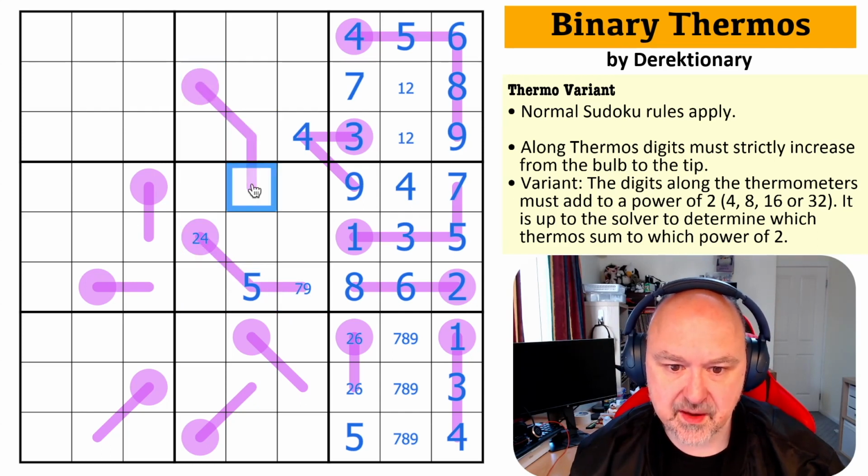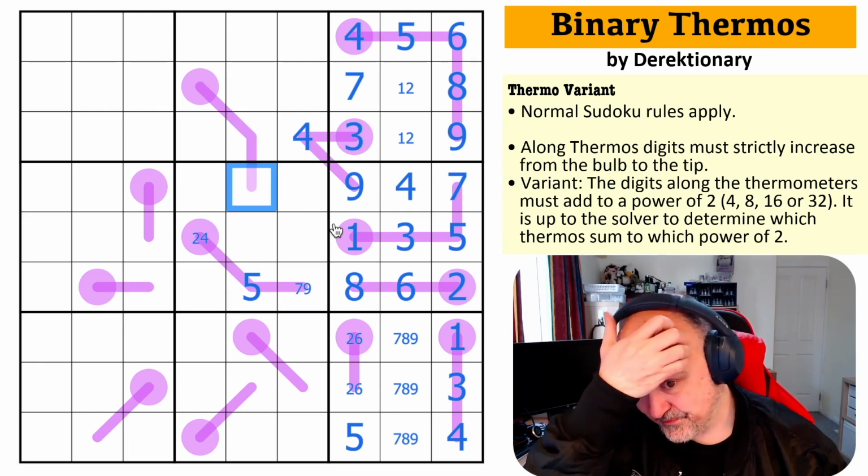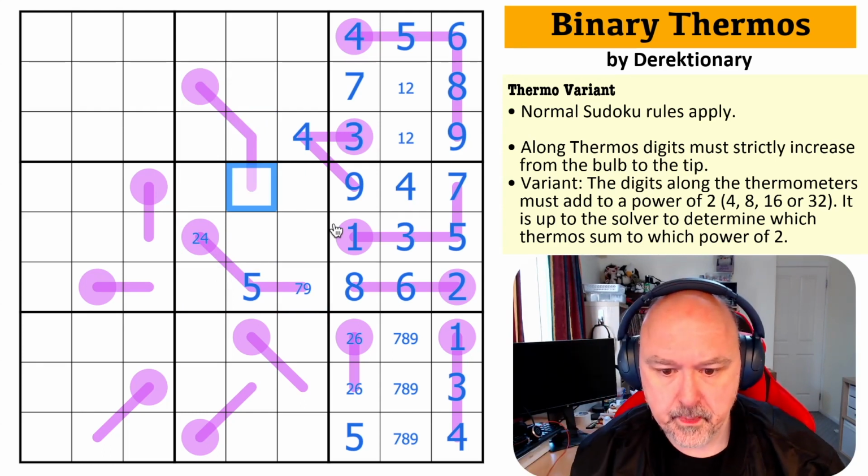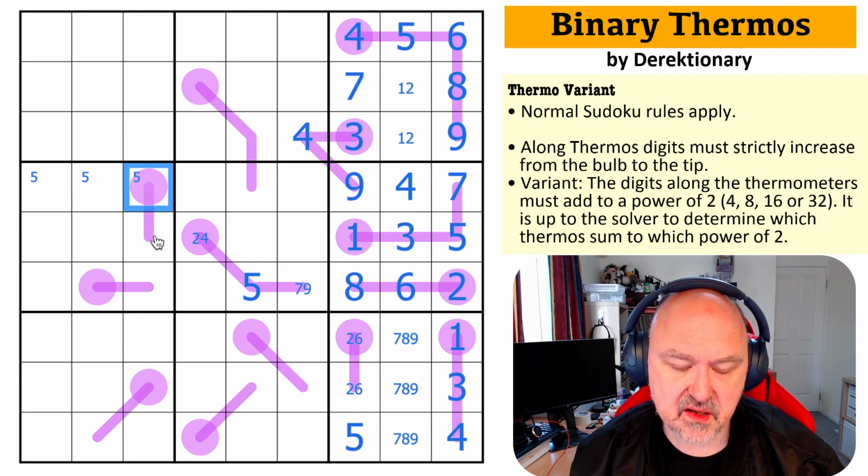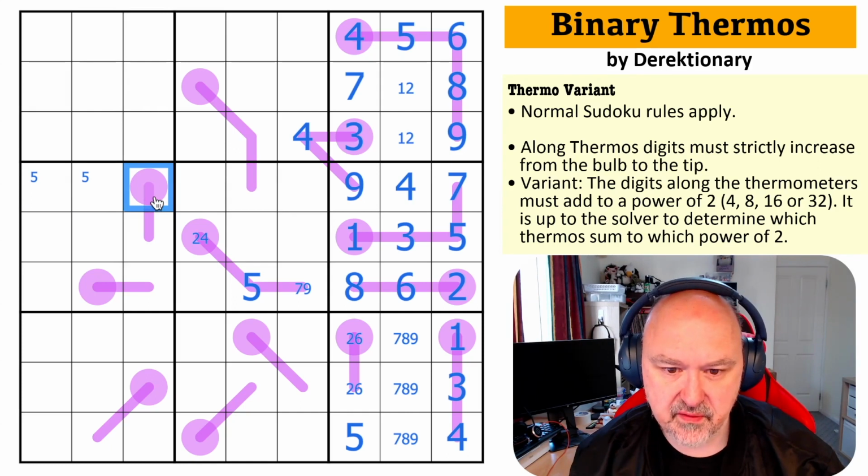Now, this, however, could be an 8. Now, I know there's a 5 up here somewhere. 5 here, I don't think works. Because if this was an 8, this would have to be 5-3, which is backwards on the Thermo. And if it's 16, it's 5-11. So that's not the 5.